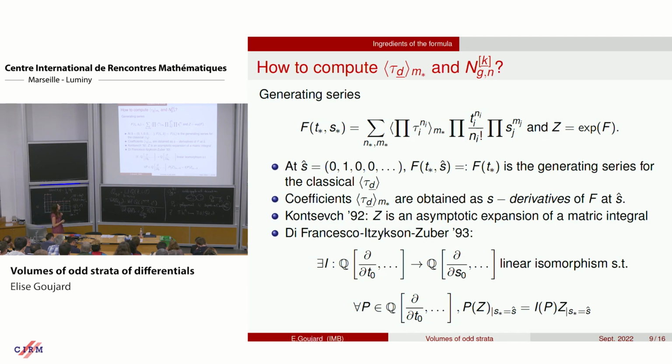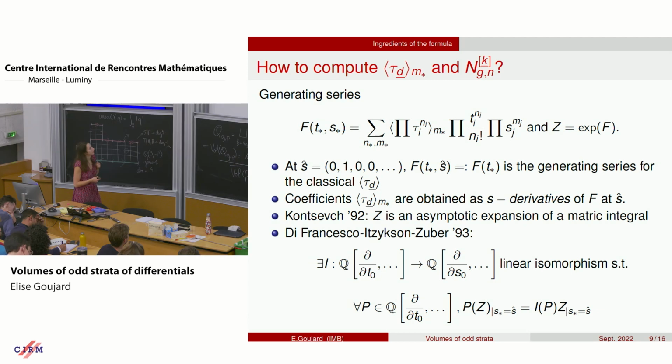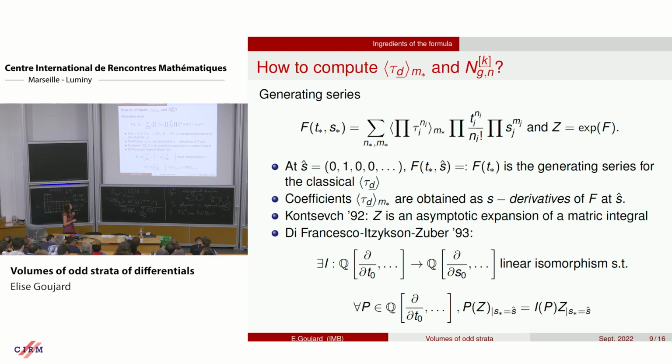First of all, Kontsevich showed that the exponential generating series is actually an asymptotic expansion of a matrix integral. And right after that, Di Francesco, Itzykson, Zuber showed that there is a way to relate the s derivatives of this function at this point in terms of the t derivatives.